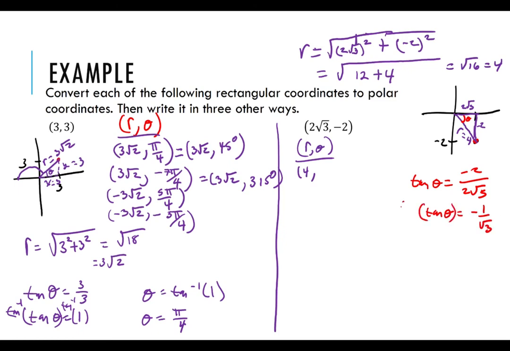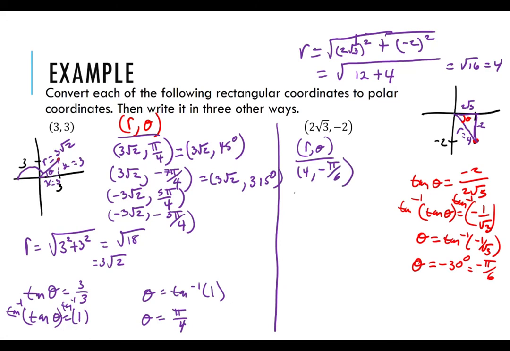So then I can take tan inverse of both sides, and that gives me that theta is equal to tangent inverse of negative 1 over root 3. Then recall that that is equal to negative 30 degrees, or negative pi sixth, depending upon if you want to work in radians or degrees. So, my first answer, 4, negative pi sixth.